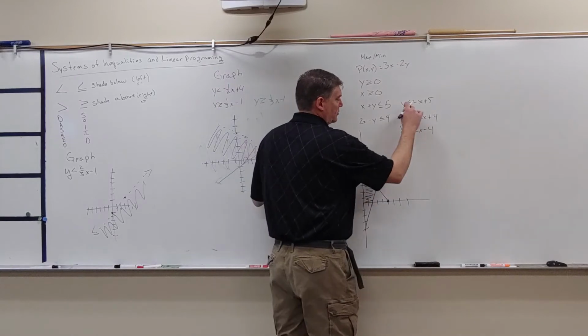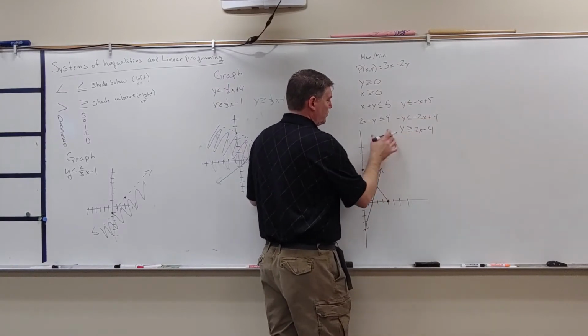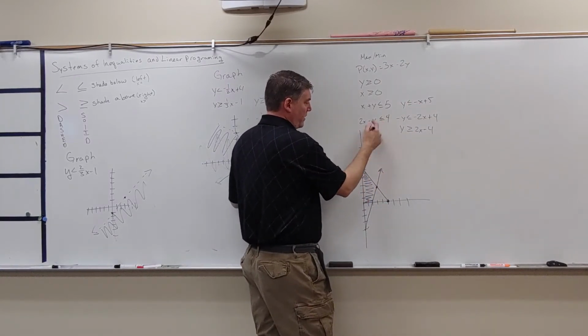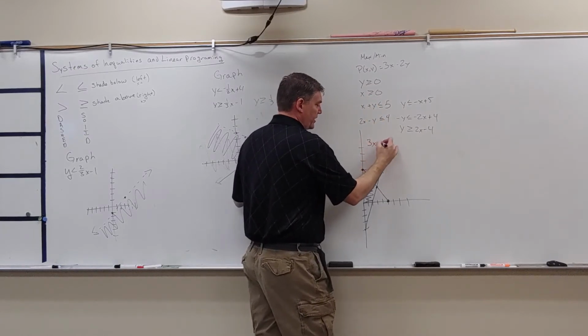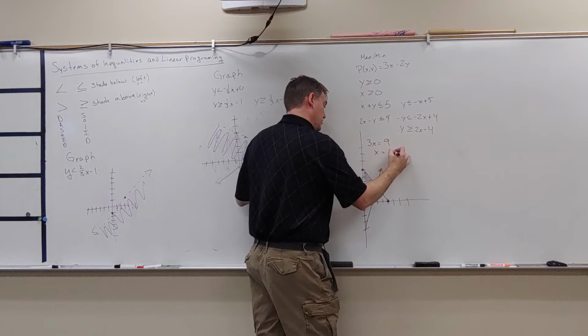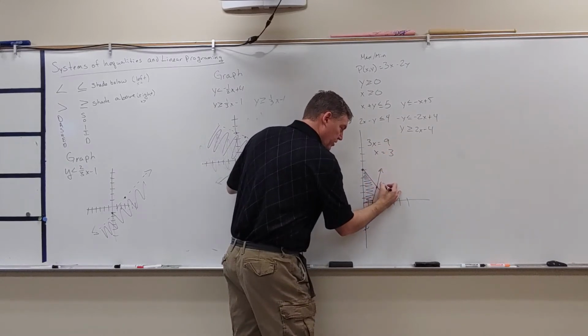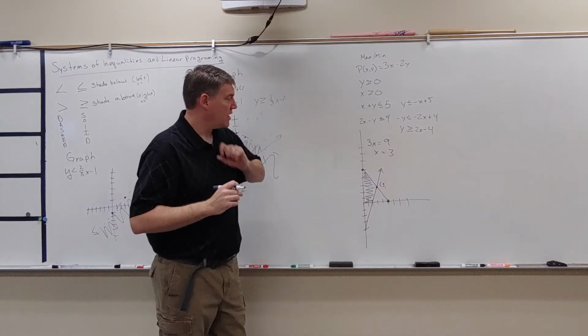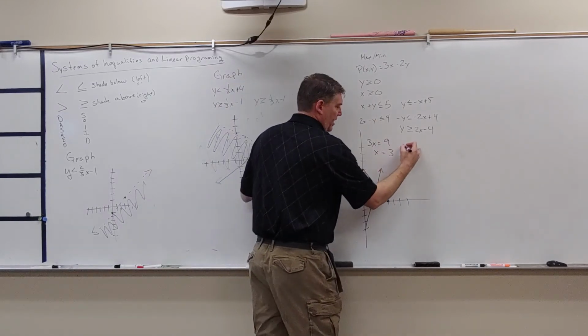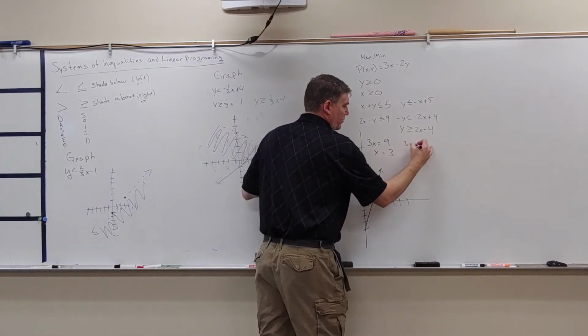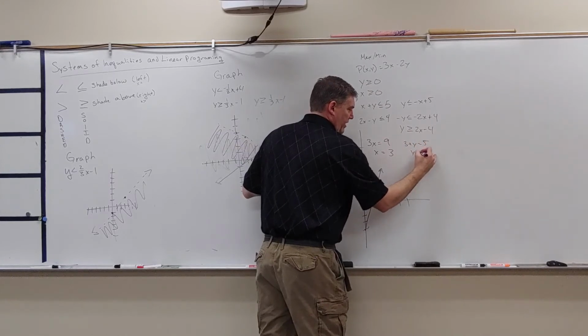So I'm going to set them equal. I have y equals, I have x equals. I actually could come right here and say, oh, look at this. My y's cancel out, so I end up with 3x equals 9 or x equals 3. So I know this coordinate here is 3. That's good. Now I need to take this, plug it back in. So if I plug it in here, I have 3 plus y equals 5 or y equals 2.